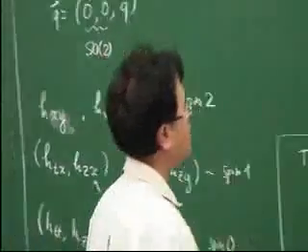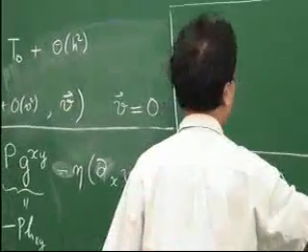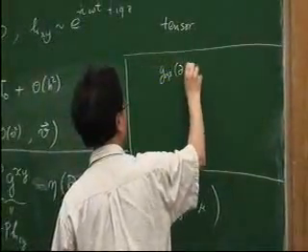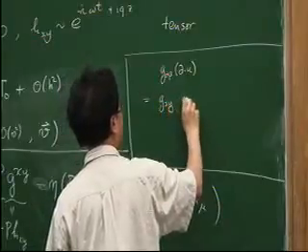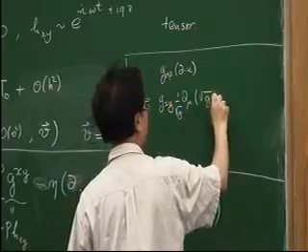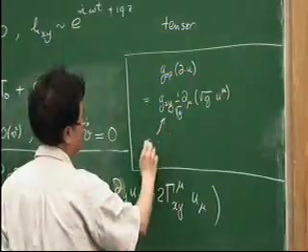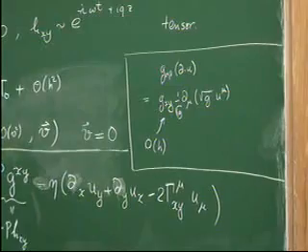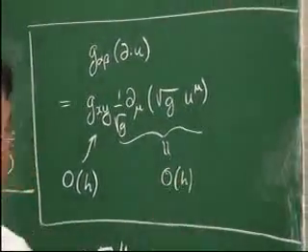So if you write down this term, g alpha beta times the divergence of u, it is equal to g_xy times d_mu of 1 over g times u mu. When you look at that, this one is first order in h, and this one will be at least another order in h, if not more.